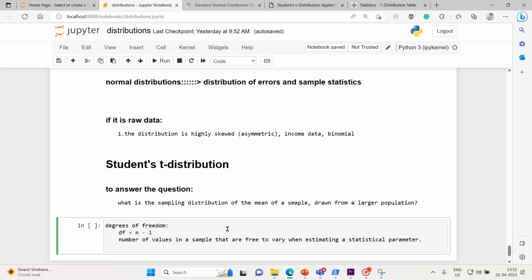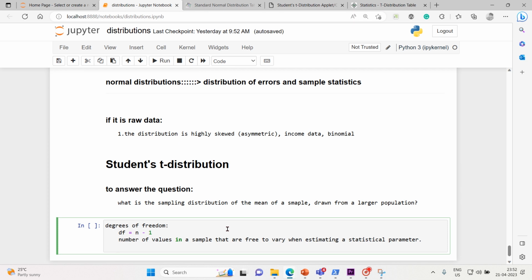So the idea behind the term degrees of freedom is that when estimating a parameter from a sample, there is some loss of information due to the fact that the parameter is being estimated from the sample and not from the entire population. This loss of information is reflected in the reduction in the number of degrees of freedom.